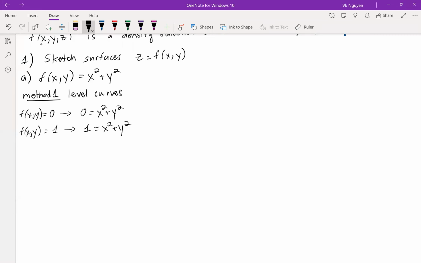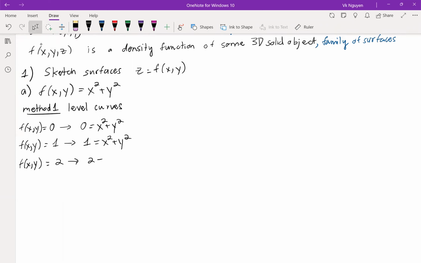I'm going to be using technology here because if I sketch by hand, it may look ugly. I can sketch the surface by hand, but for the curves I want you to see this. f(x,y) equals 2, so 2 equals x squared plus y squared. Now let's do one more.